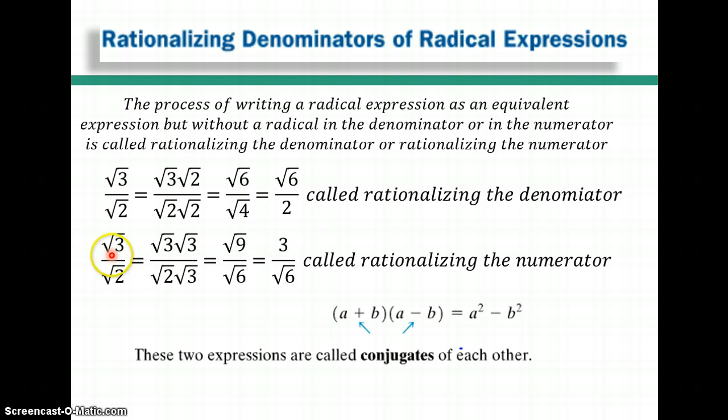Similarly, square root of 3 over square root of 2 can be written as an equivalent expression 3 over square root of 6. Here the numerator has no radical sign, which is called rationalizing the numerator. The expressions a plus b and a minus b are called conjugates of each other, whose product is a square minus b square.